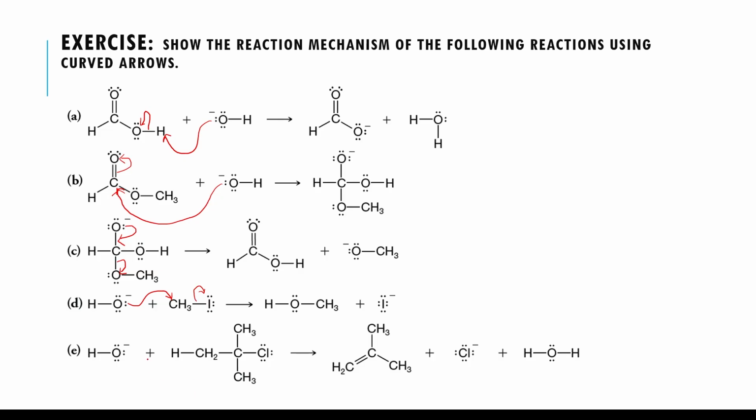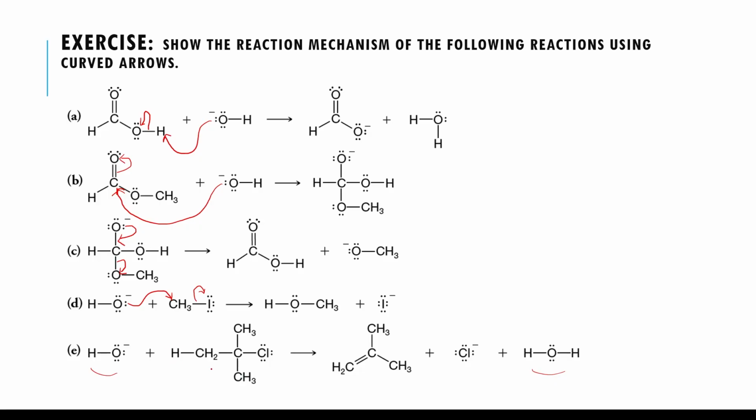Now let's look at the last option. The last option here, we have a hydroxide ion, and it's turning into a water molecule. Hydroxide is turning into a water molecule, meaning that it is gaining a hydrogen. That's the first thing.